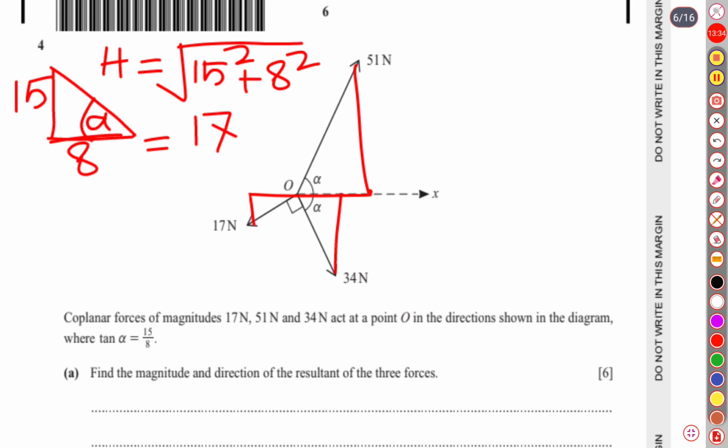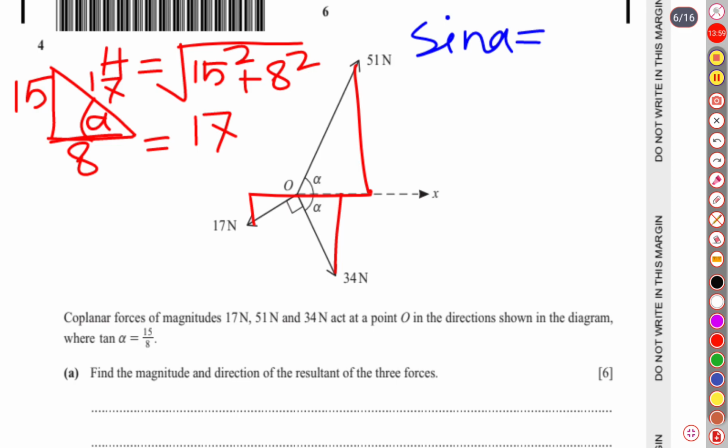This is 17. Well, if we resolve the forces vertically and horizontally, we must use sine and cosine alpha. Sine alpha is equal to what? Sine is opposite over hypotenuse.